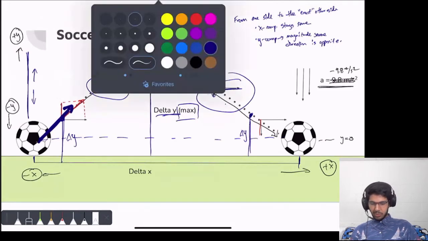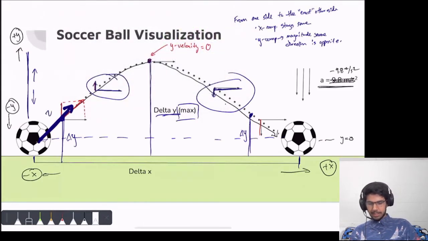So we can label this to be v naught. And theta is the angle that v naught makes with the horizontal. So theta is the angle between v naught and horizontal.